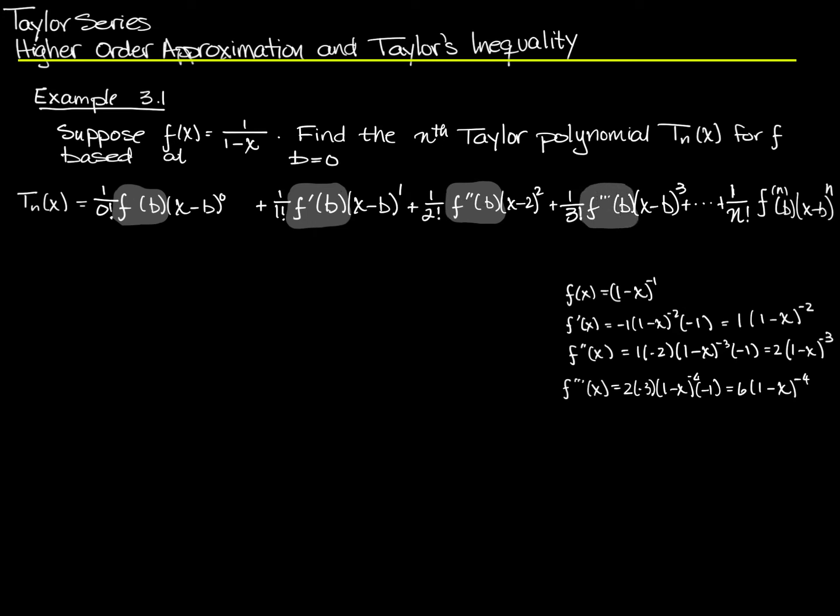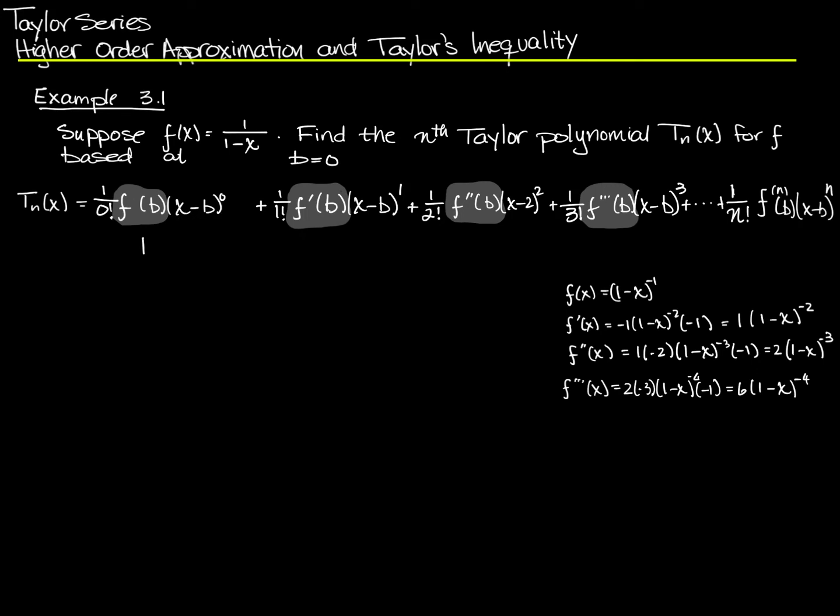triple prime. So when I plug b equals 0 into my original function, I get 1 minus 0, which is 1, and 1 to any power is 1. This is going to be 1 over 1, right? So that's 1. My coefficient here is 1. And I have b equals 0, so this is x minus 0, so it's x, but it's raised to the 0 power, so that's 1 as well.